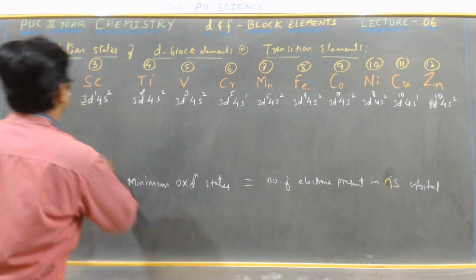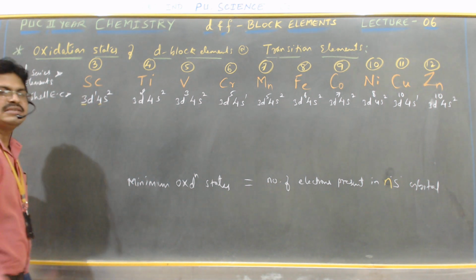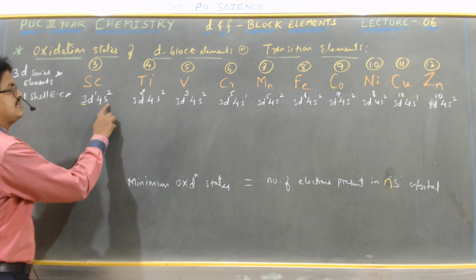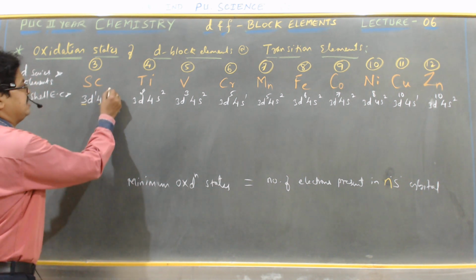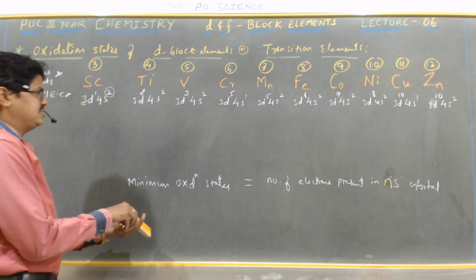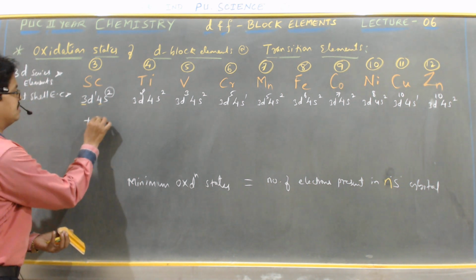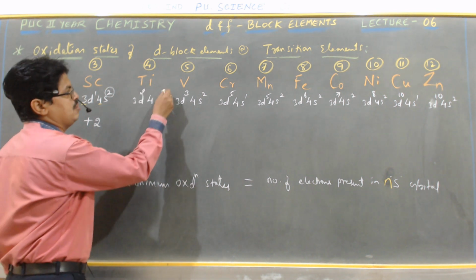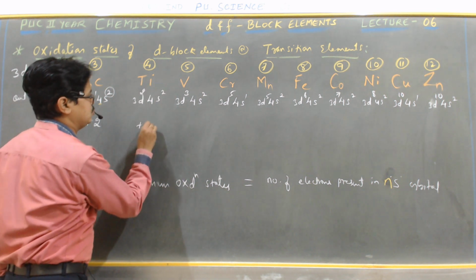For example, look here, scandium. In scandium 4s2 is there, meaning these two electrons are involved in bonding. So the minimum oxidation state of scandium becomes +2. Similarly titanium 4s2, it is also +2.